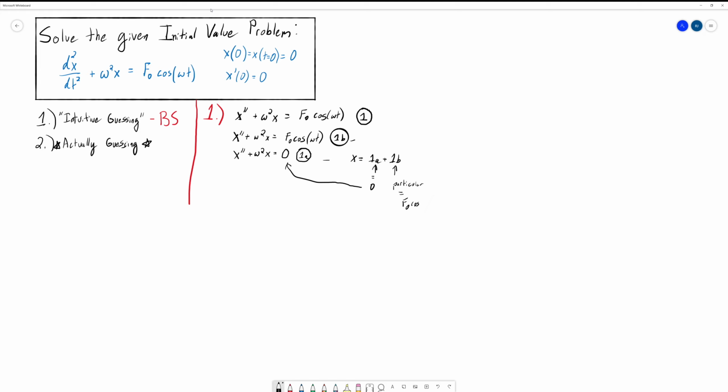So I'm going to erase that part, and I'll start by solving 1a and say, okay, we know what this looks like. This looks like simple harmonic motion, because it's the second derivative plus the function itself. And generally this is going to be some form of sines and cosines.